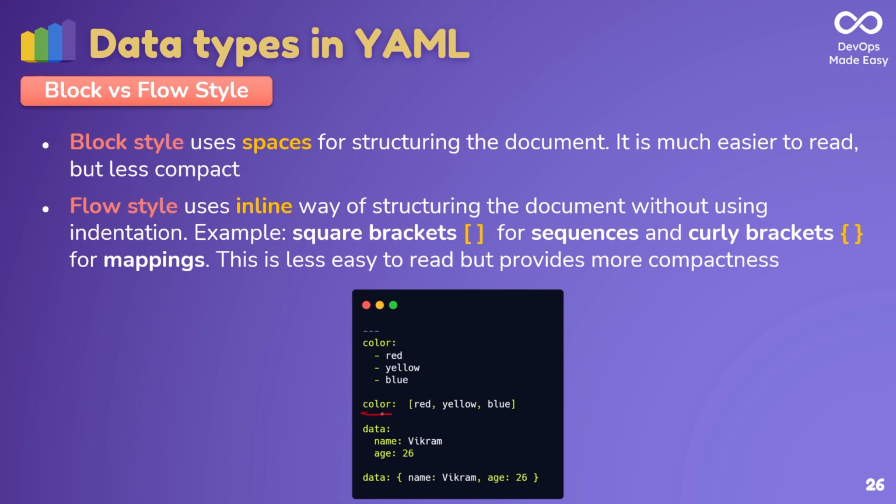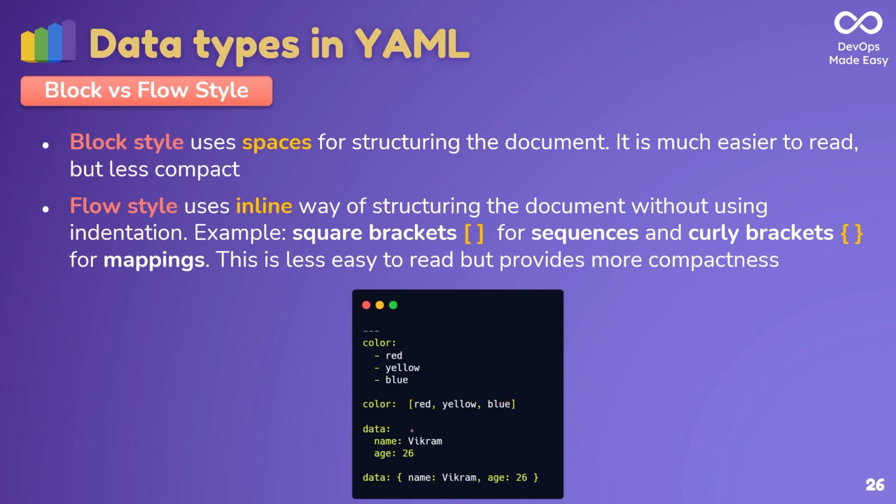That means if color is a list, I can have the elements of the list mentioned on the same line. It takes less space, but it is somewhat less easy to read, because giving it on a separate line makes it easier to read. Giving it on a single line makes it a little bit difficult to read.